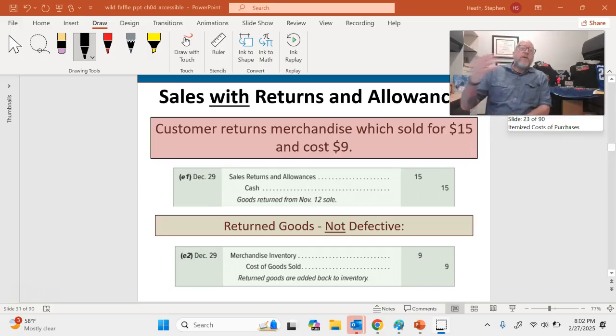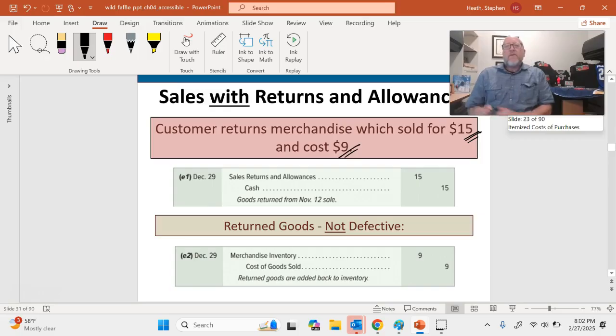So now the customer is coming back and they want to give us back whatever product it is that they purchased. Maybe it's a toaster, who knows? But in this example, we sold them the toaster for $15 and we paid $9 for the toaster.